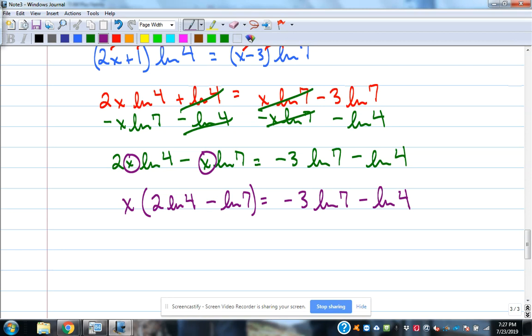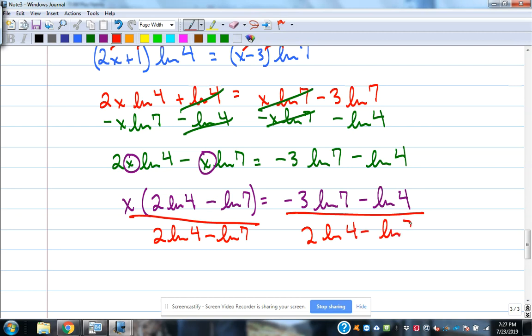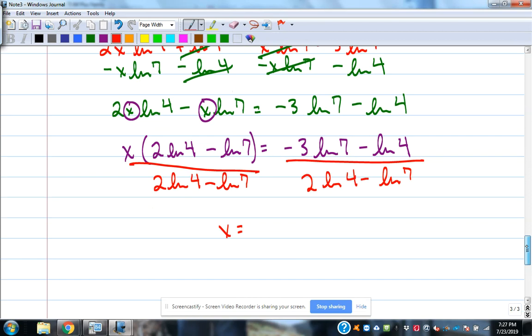That's all there is to this. What am I going to leave alone? I'm not going to mess with the x because that's what I want, right? So I'm going to get rid of this other part by division. So that's what x is equal to.